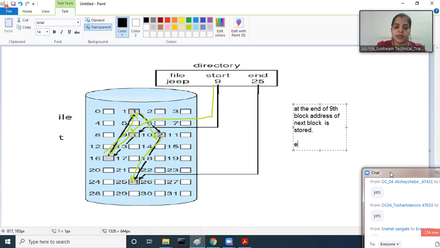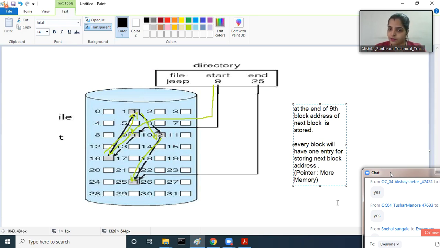And I can say every block will have one entry for storing the next block address. Can I conclude like this? Right. Will I require a pointer to hold the address? Yes, if I require a pointer, then due to this I will require more memory, kind of like a linked list.